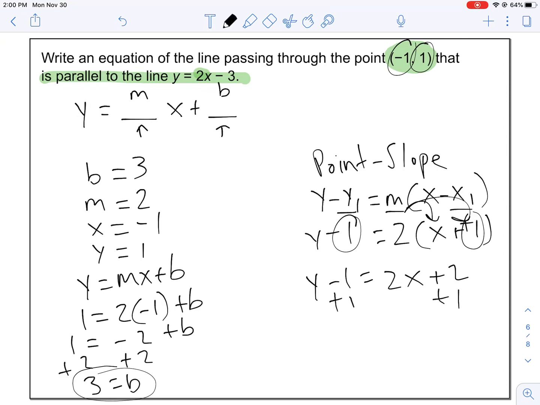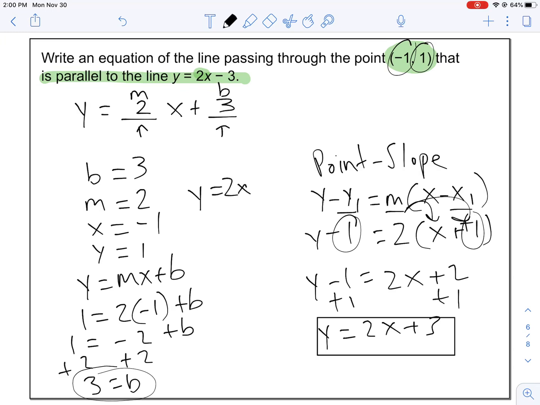Add 1, and we get y equals 2x plus 3. So here's this answer. Point slope will just go ahead and give you the answer. With y equals mx plus b, you've got to come back and plug in your m and your b. But notice you get the same answer from both. So point slope versus y equals mx plus b, I don't care which way you use.